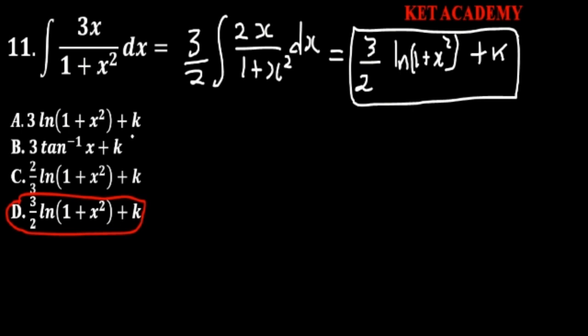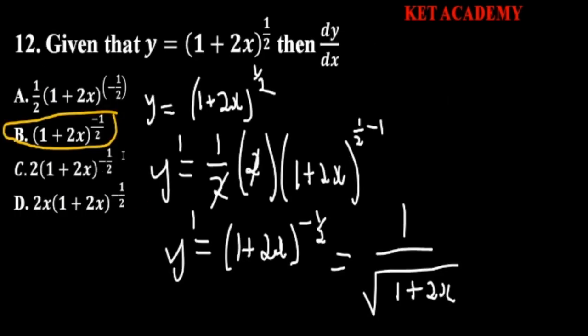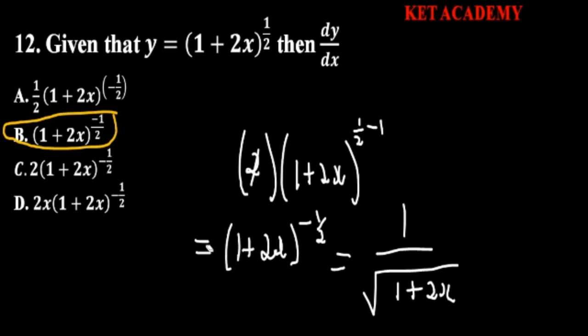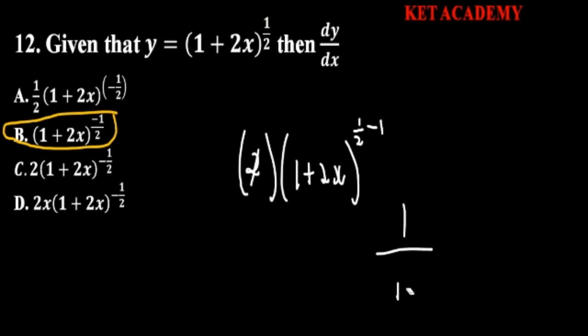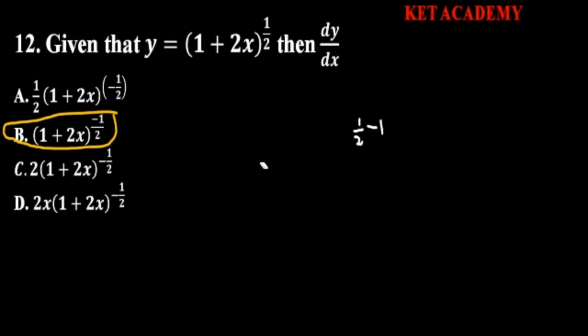Now for question 12, let me create some space here. Question 12 says, given that y is 1 plus 2x all that raised to the power a half, then dy on dx is.